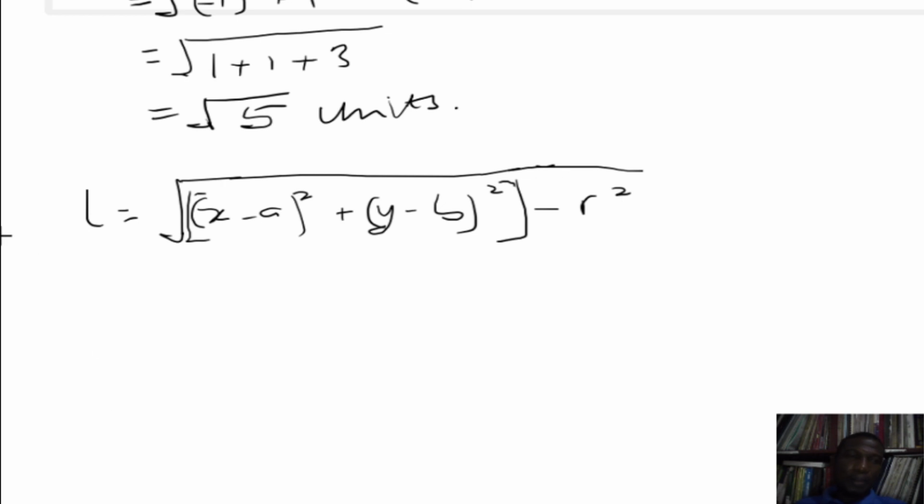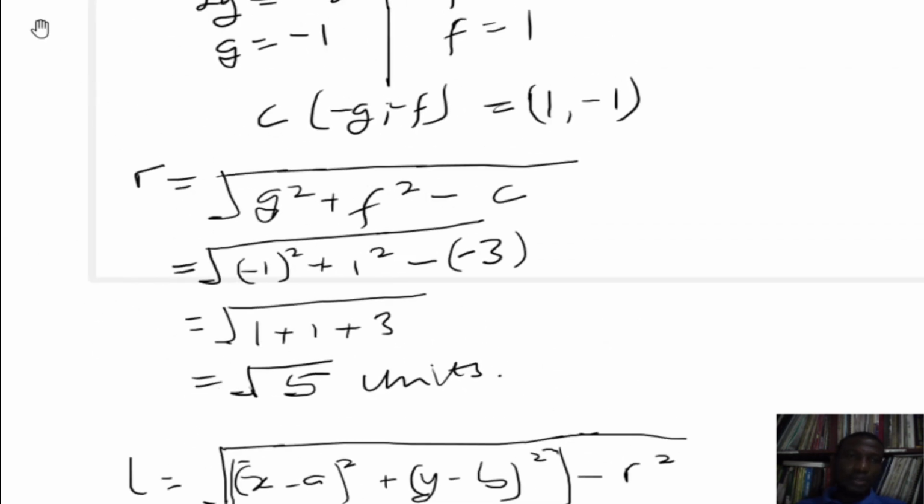Good. Then don't forget that in this new equation we've written, this is our a, this is our b, the coordinate of the center of the circle.